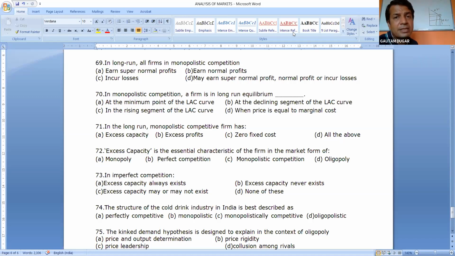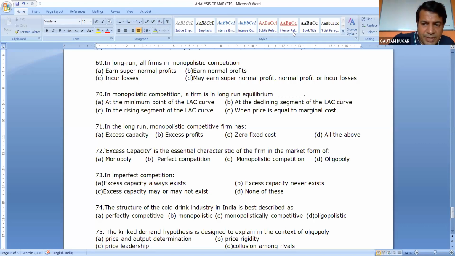If I decrease the prices, other competitors will also reduce their prices. So my quantity sold will not increase, and therefore the elasticity of demand is less than 1. So that is the meaning of the kinked demand curve hypothesis under the oligopoly market.